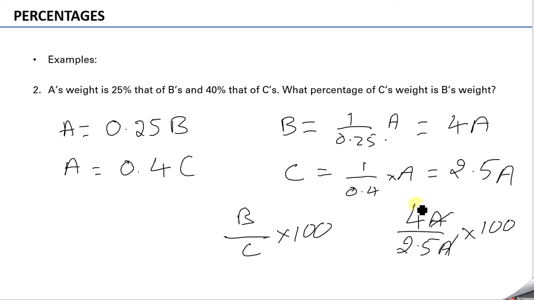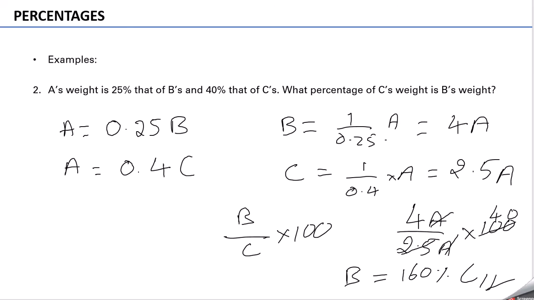So this will be 160. So the answer is 160%. B's weight is 160% of C's weight. That is what this means. I hope everyone got this.